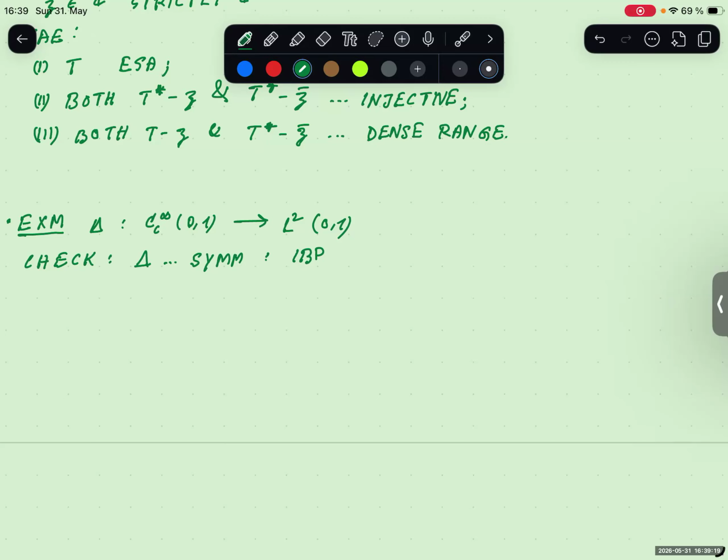So what we learned from earlier examples is that we consider some non-zero element of the Hilbert space which is orthogonal to the range, and we have to show that this is strictly complex.